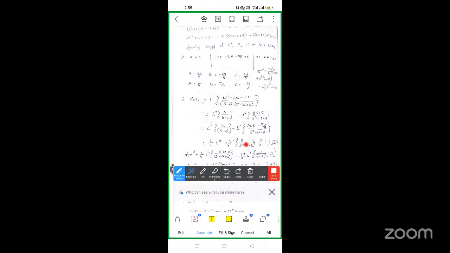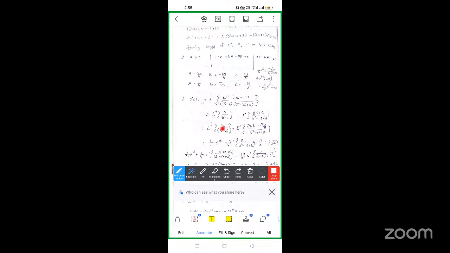Next, replace here: L inverse of A by s minus 2 plus L inverse of Bs plus C by s square minus 4s plus 8. Substitute A is 1 by 4, B is 7 by 4, C is minus 19 by 2.